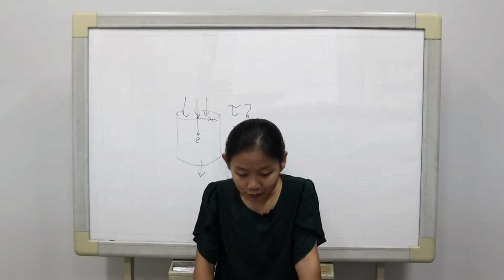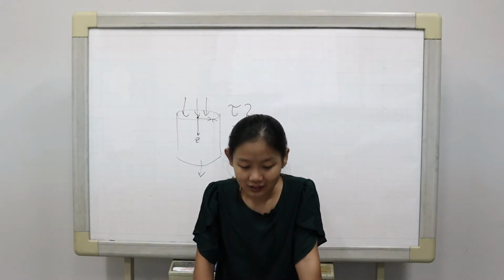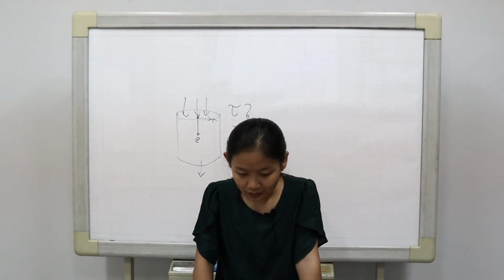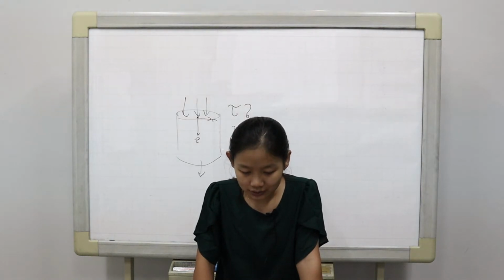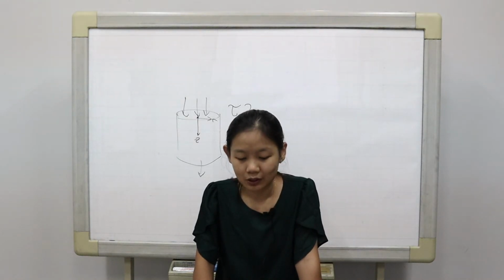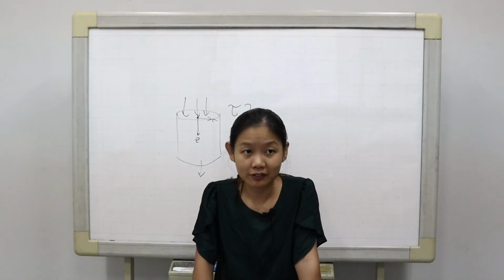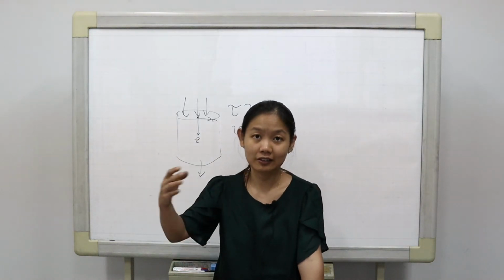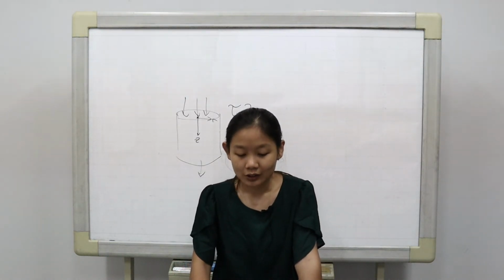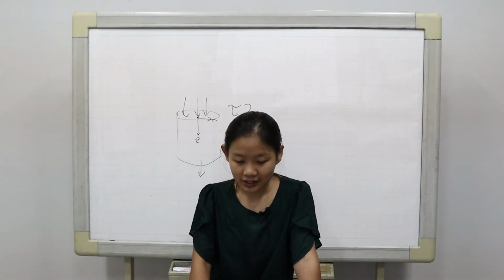The next term, Vr dou Vz over dr. We don't have velocity in the radius direction, so Vr is 0. That means the second term is also 0.